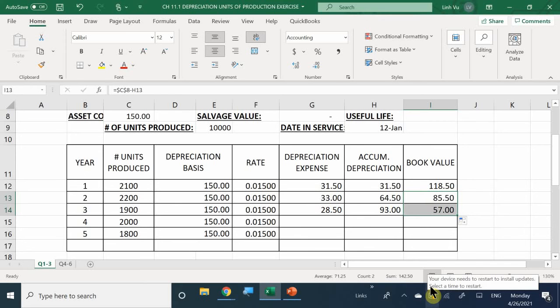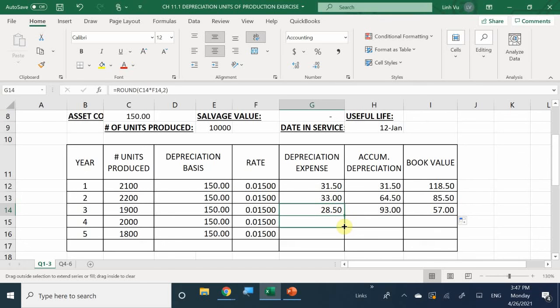What about my depreciation expense for year 4? I'm trying to do the math.